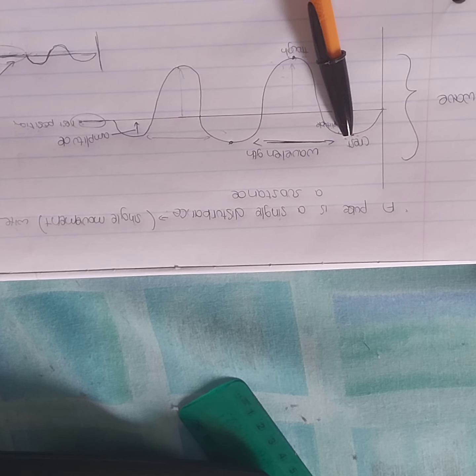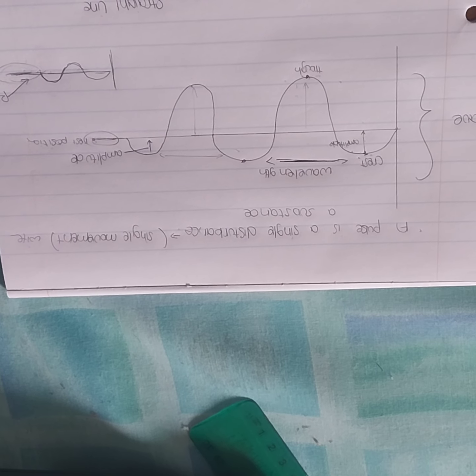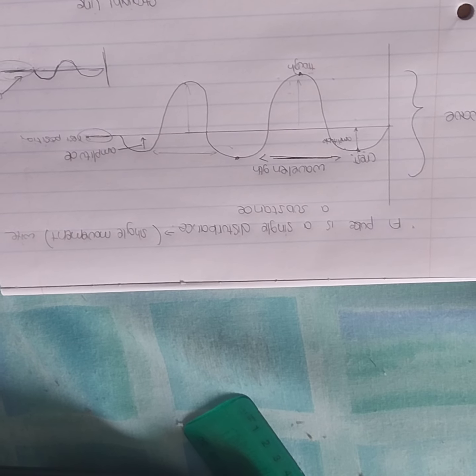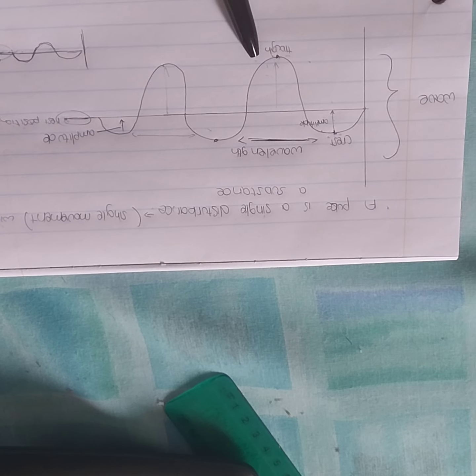So, over here is crest. What is a crest? A crest is the highest point of a wave or pulse. But I'm sure someone is saying, hey, isn't this also a crest? No, it's a trough. Let me differentiate for you.